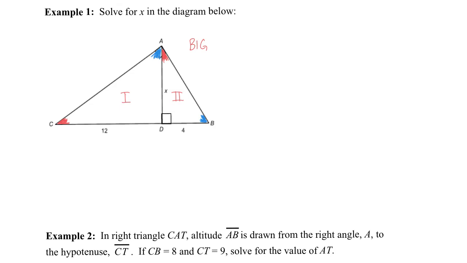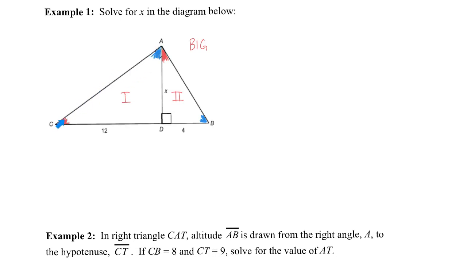And the shared side is always going to be this one, the middle one, or this one. It's never the bottom. And how do you determine it? It's going to be labeled. So it's either going to have a number or it's going to be X, which is what you're looking for.